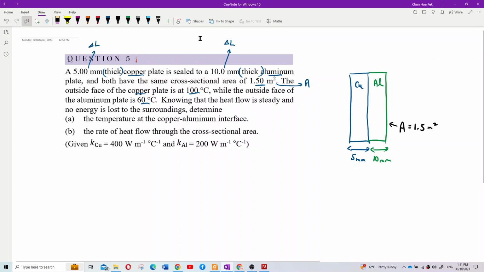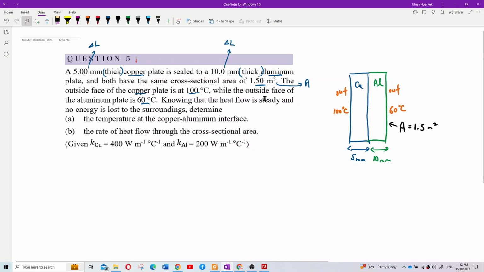We can say this is the outside, and this part is the outside of copper, and this part is the outside of aluminium. Understand? So the outside of copper is 100 degrees Celsius, so here is 100 degrees Celsius, and the outside face of aluminium is 60, so here is 60.